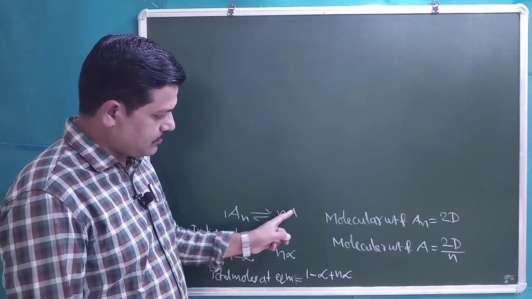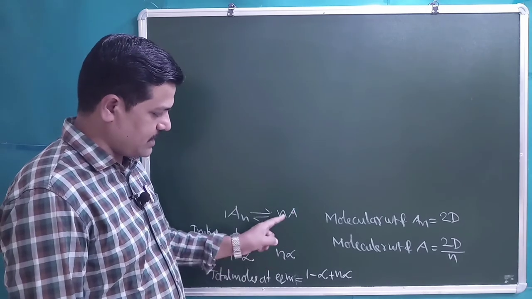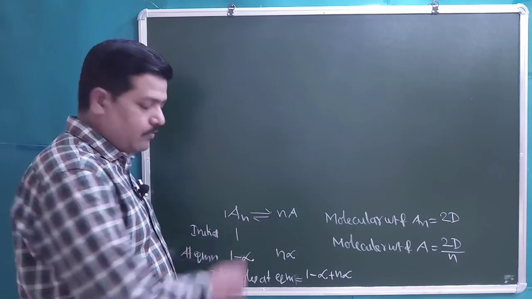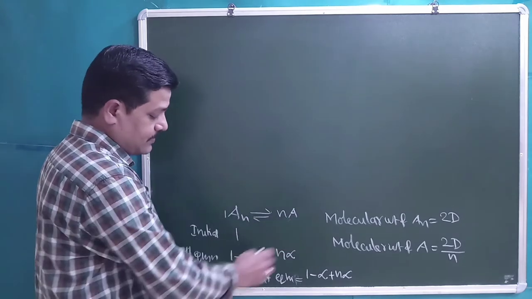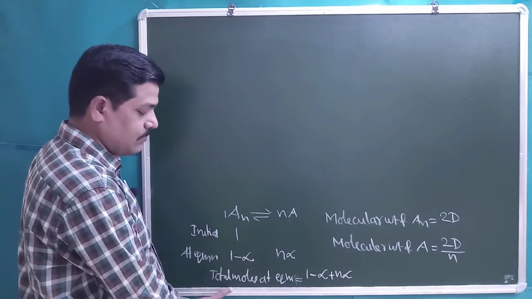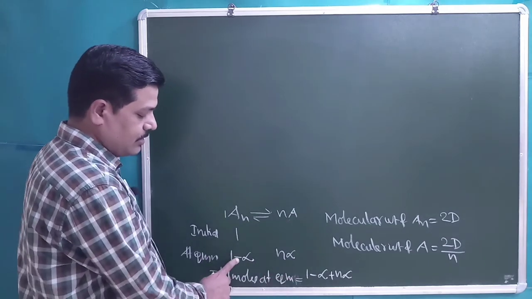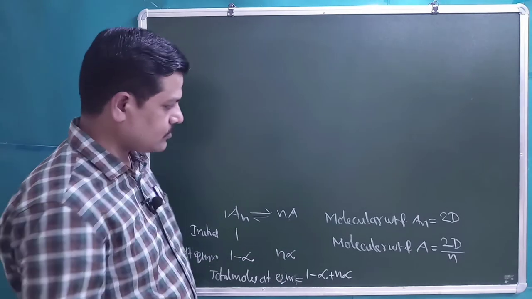Moles of A present at equilibrium is n alpha, because 1 mole of AN dissociated gives n moles of A, so alpha moles dissociated gives n alpha. Total number of moles at equilibrium is 1 minus alpha plus n alpha.